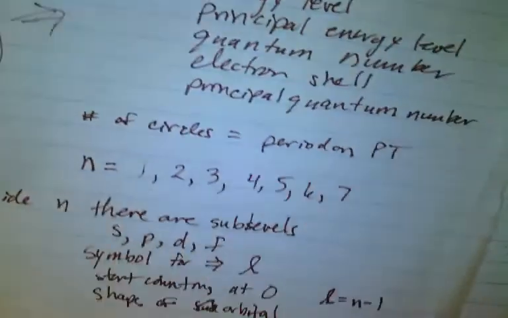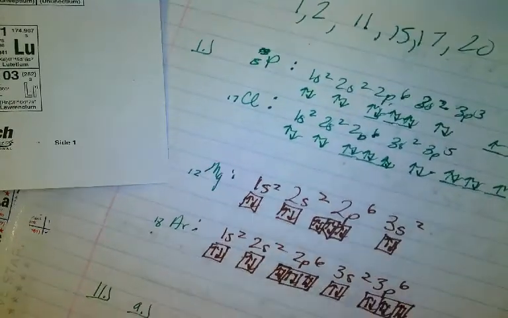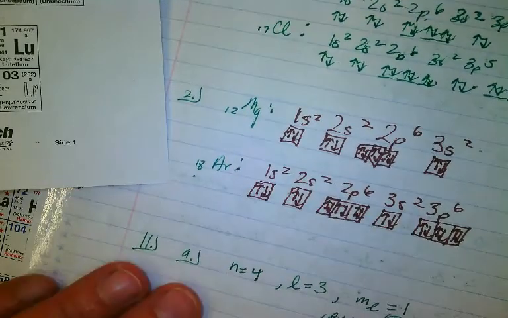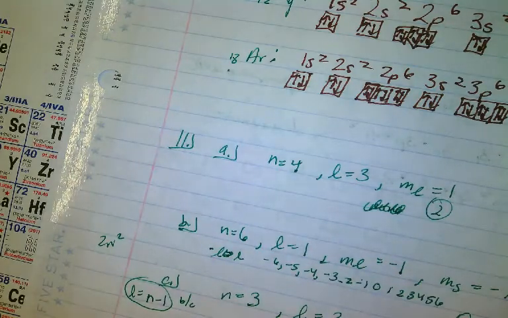So let's do that quick if you're being curious. Let's do it in number 11. Number 11 was a hard one. 11A says, what is the maximum number of electrons that can be identified with each of the following sets of quantum numbers?